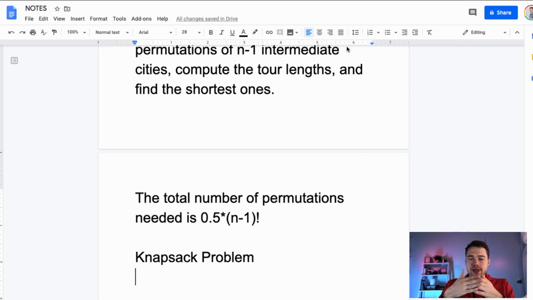He's thinking, out of all of those goods, which should I put in my backpack such that I steal the biggest amount of money? Make sense? So that's the knapsack problem.